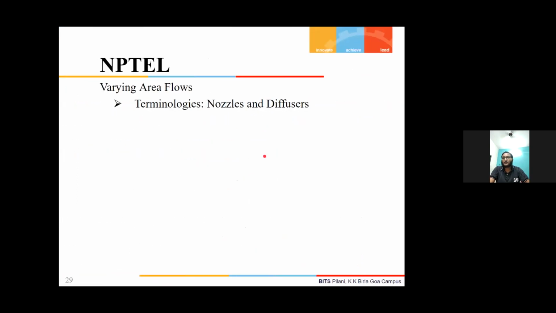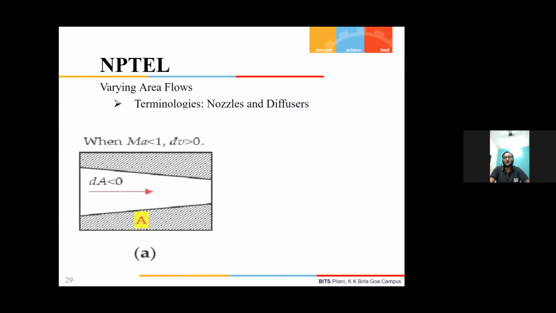Another thing that we studied was varying area flows, with terminologies such as nozzles and diffusers. We also studied how nozzles and diffusers behave differently in subsonic and supersonic conditions.